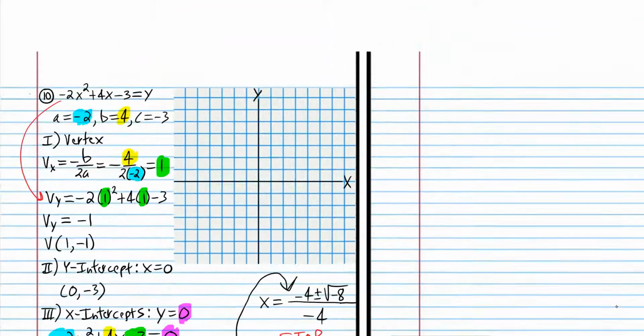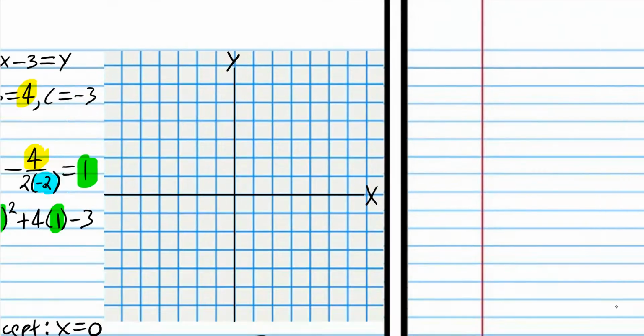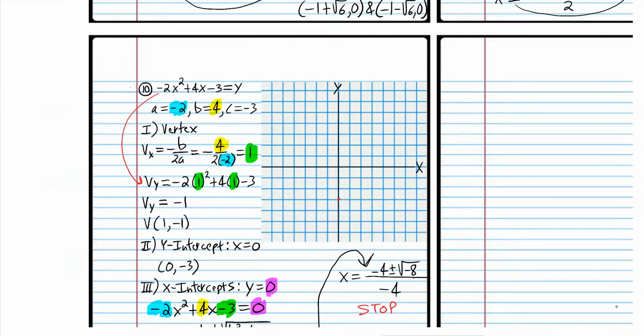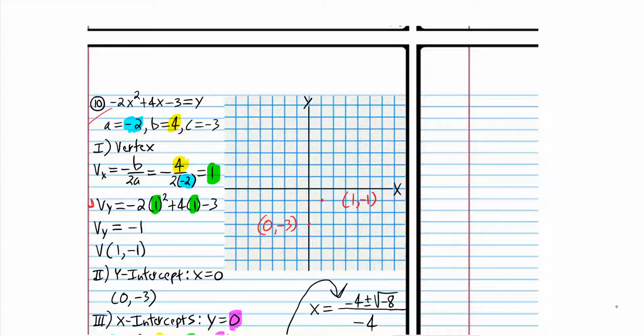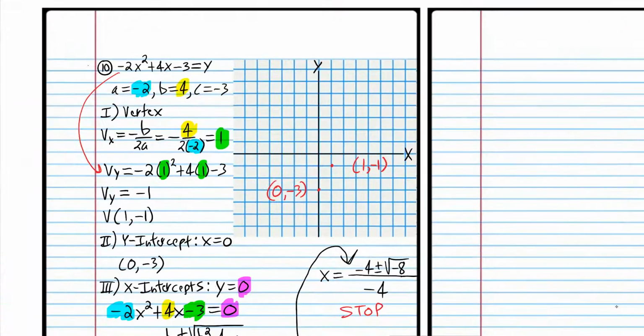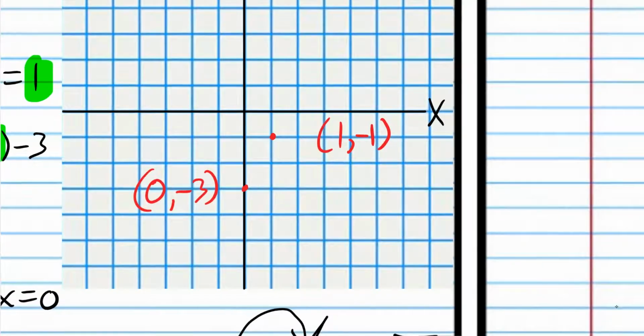So let's plot the y-intercept, 0, negative 3. And the vertex is 1, negative 1. So those are really the only points.